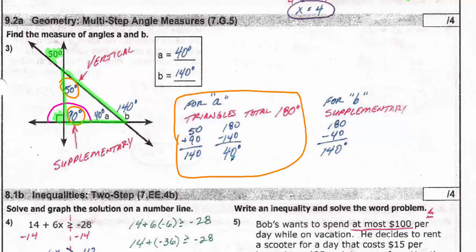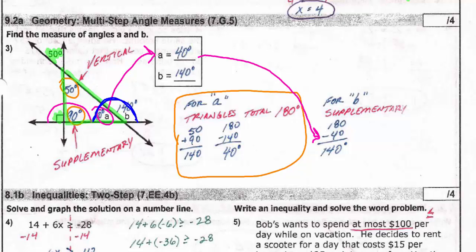So 180 take away 140 is 40. So that gives us this angle. And then let's put that up in our answer box, and then let's bring it out of our answer box right to there, because these 2 angles are supplementary right here.